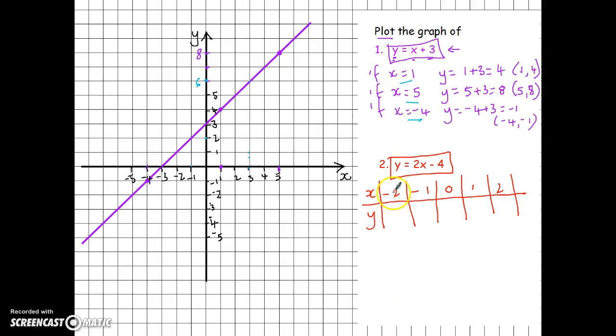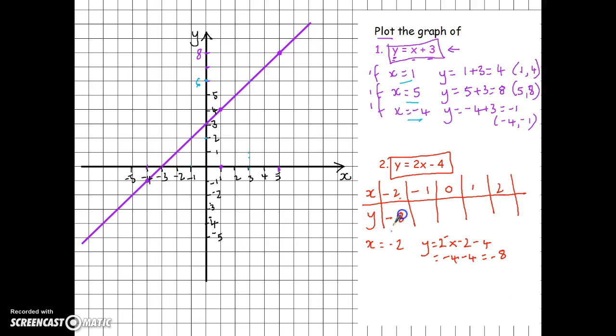So the first thing we need to do is just choose the first x value. So that's saying that x is minus 2. Using our rule, the y value is 2 times the x value we've chosen, minus 4. Now 2 times minus 2 is minus 4. Take away another 4, we get minus 8.